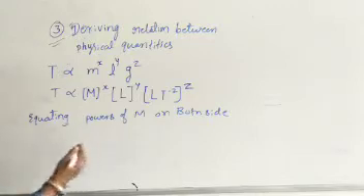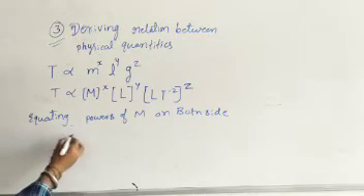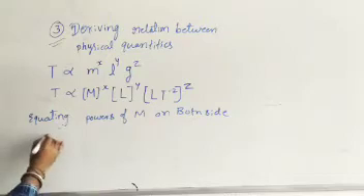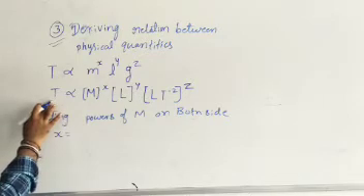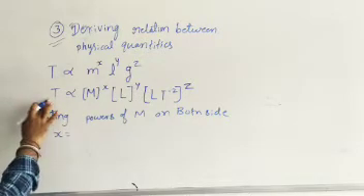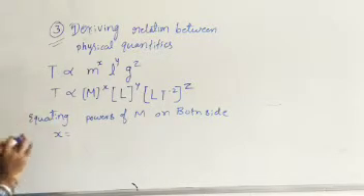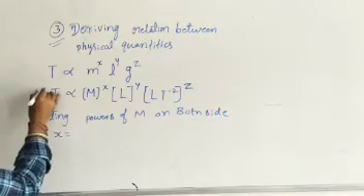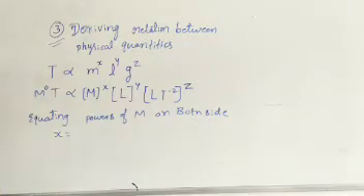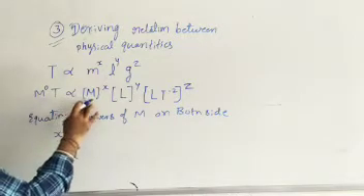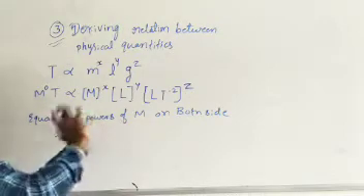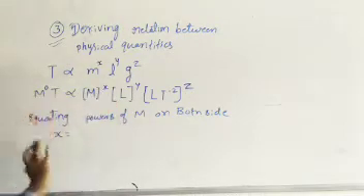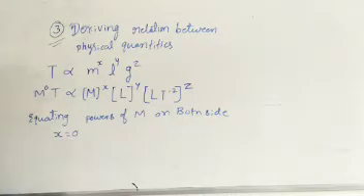In the RHS, the power of m is x. Is there any mass quantity in the LHS? No. So we can write the power of m is equal to 0 in the LHS. In the RHS, the power of m is x. So x is equal to 0.